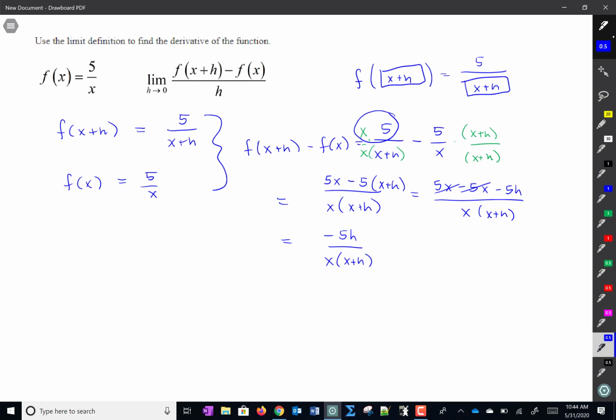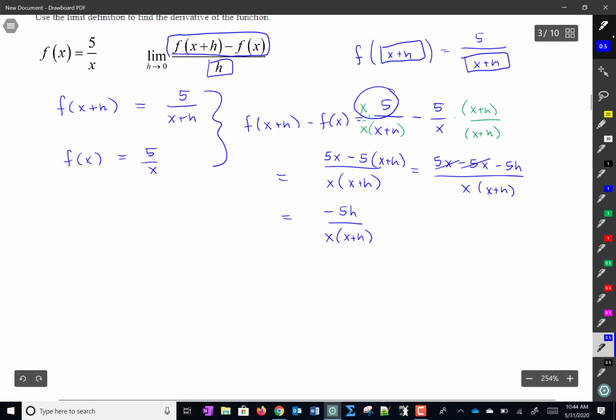Now, that gives me the numerator, so this f of x plus h minus f of x. I then need to divide all of that by the denominator, which is h. So f of x plus h minus f of x divided by h would be negative 5h over x times x plus h, divided by h.